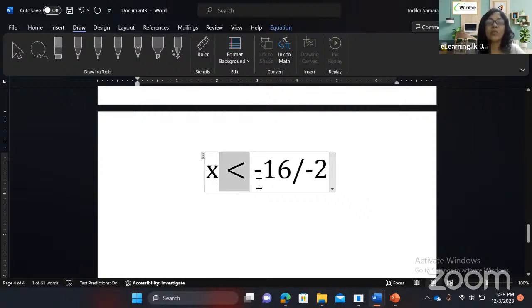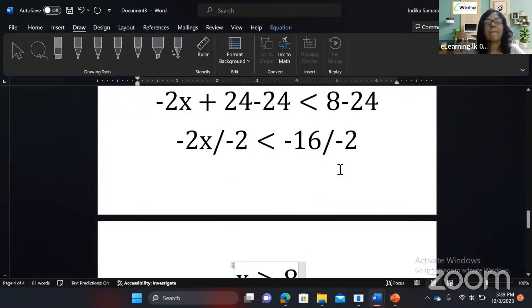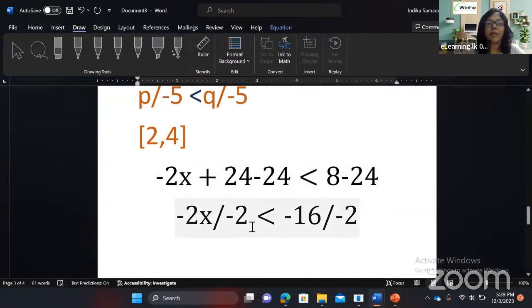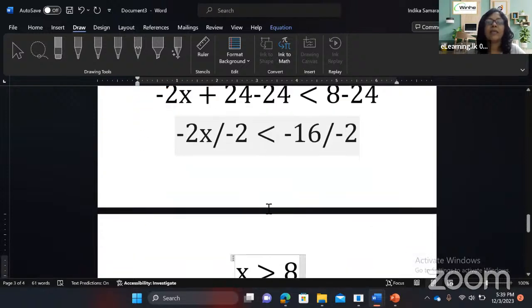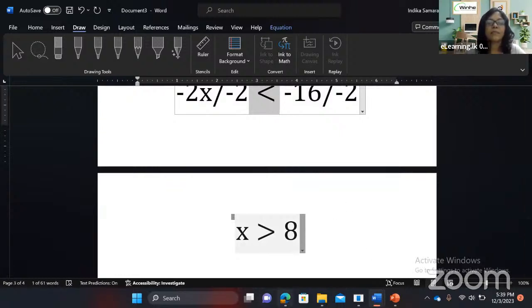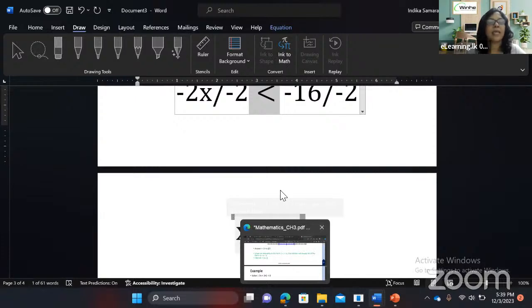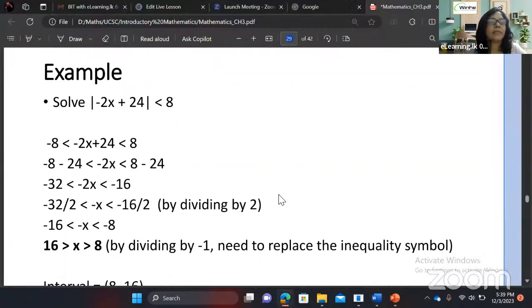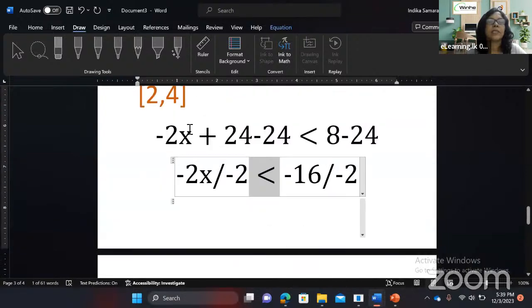Now we have divided both sides by minus 2, so the inequality sign should be changed. Minus 16 divided by minus 2 is equivalent to 8, right? We have divided both sides by a negative value, so in the final answer the less than sign will become greater than: x is greater than 8.